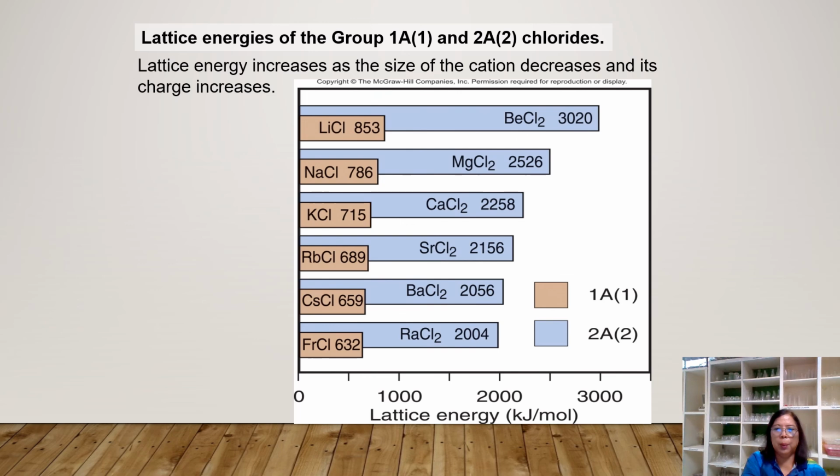And then we have the lattice energies for group 1A and 2A. So they are arranged from lithium, from highest going down to the lowest. So this is their chloride lattice energies. And then for group 2, their chloride lattice energies are also arranged from beryllium, from highest going down to the bottom, radium.